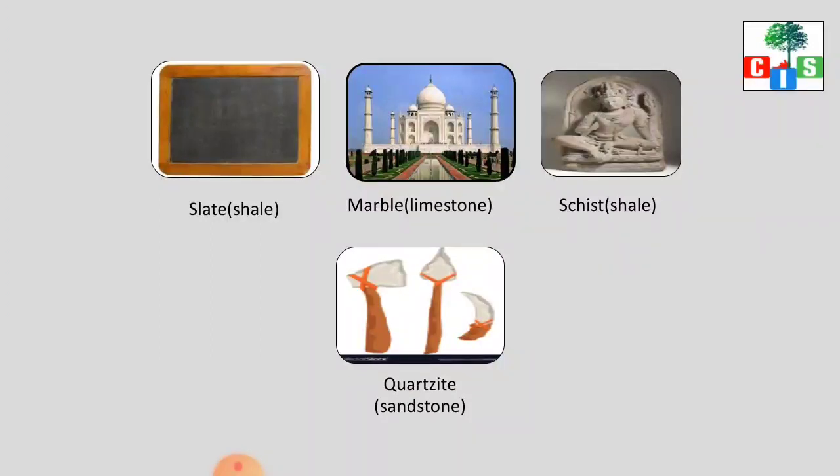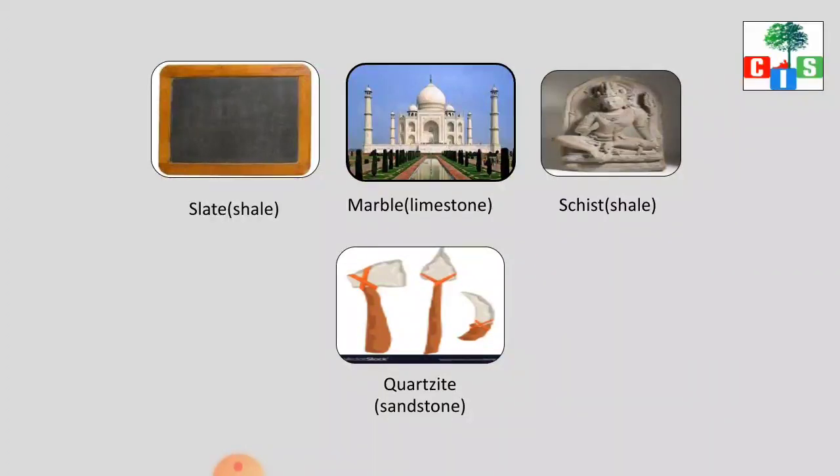There is a picture of slate, and I am sure that every one of us has practiced writing on the slate, is it? So the slate is used as a writing board, even for decorating gardens. It is also used as a roofing material, and it is formed by shale, a sedimentary rock.